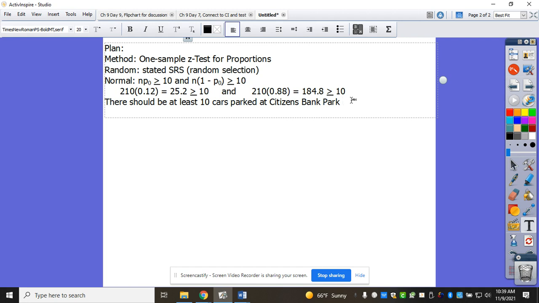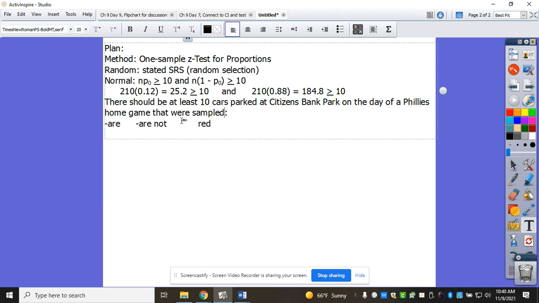Theoretically, there should be at least 10 parked at Citizens Bank on the day of Phillies that were sampled.